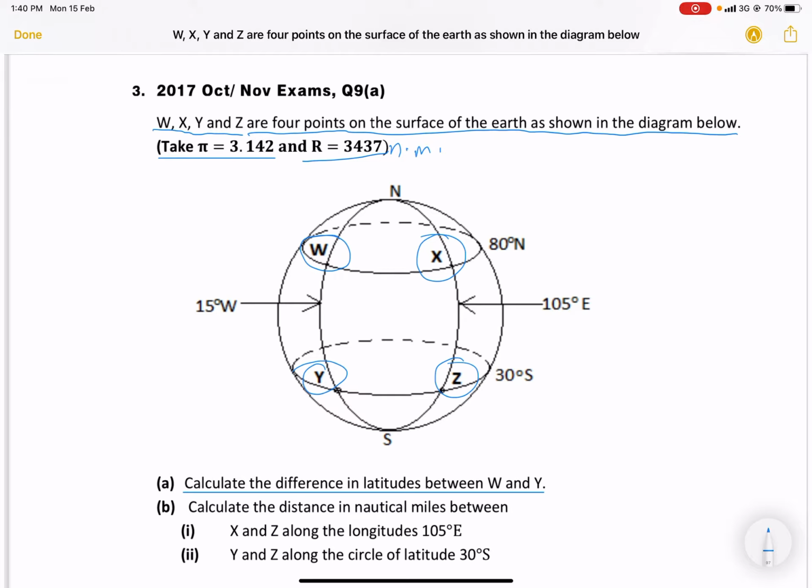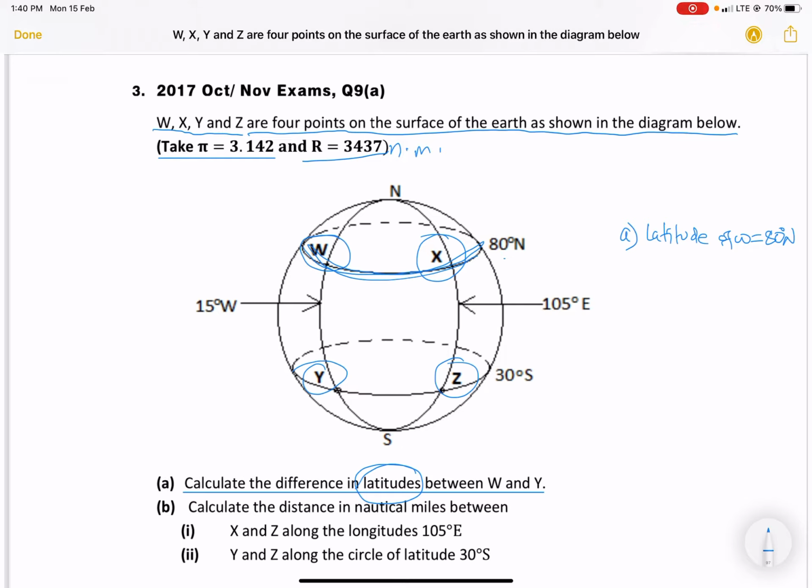The difference in latitude. So we need to ask ourselves the question, what is the latitude of W? W is on latitude 80 degrees north.